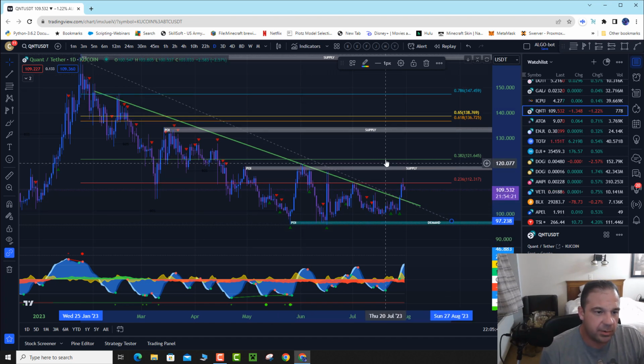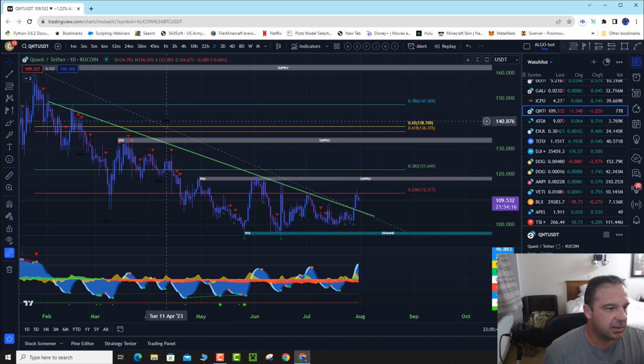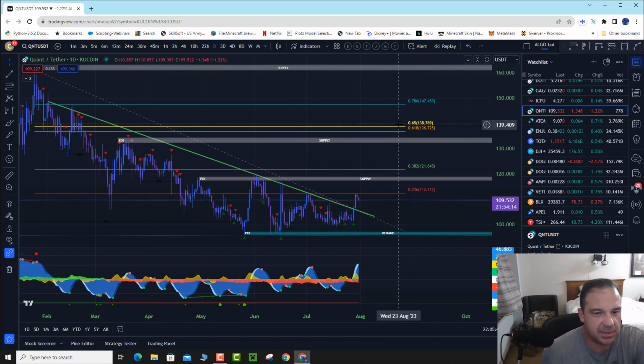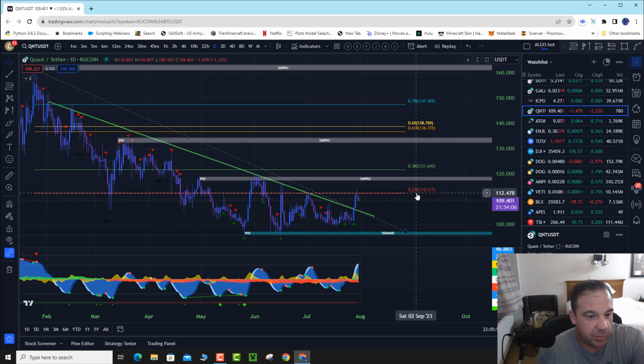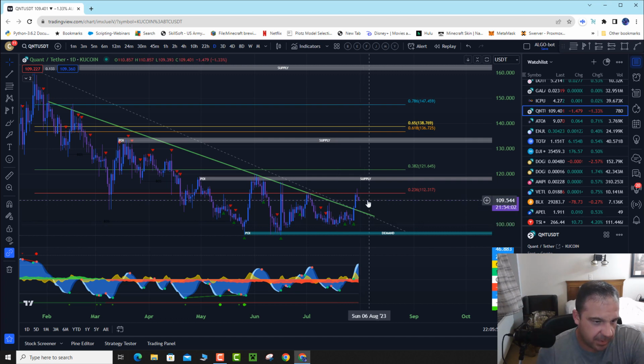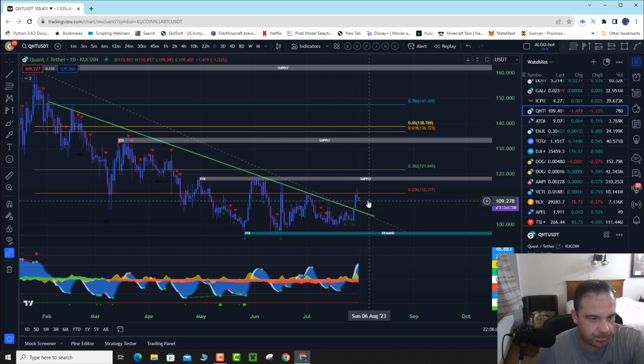And where could we bounce? Now this can get very interesting again, because the golden pocket of where we bounce is 138, but we hit this 2.36, right? And as you saw earlier, we were just talking about the opposite direction, right?